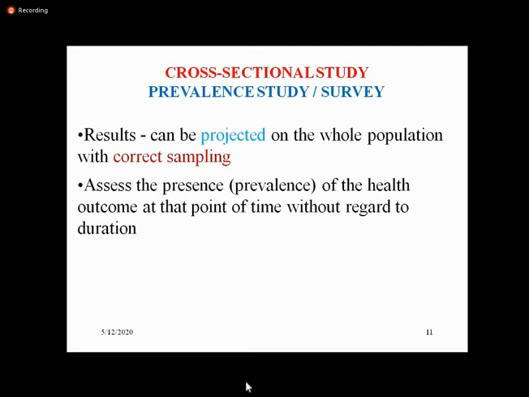You cannot get that result from this study. For that, you need another type of study design. It just gives you the picture.